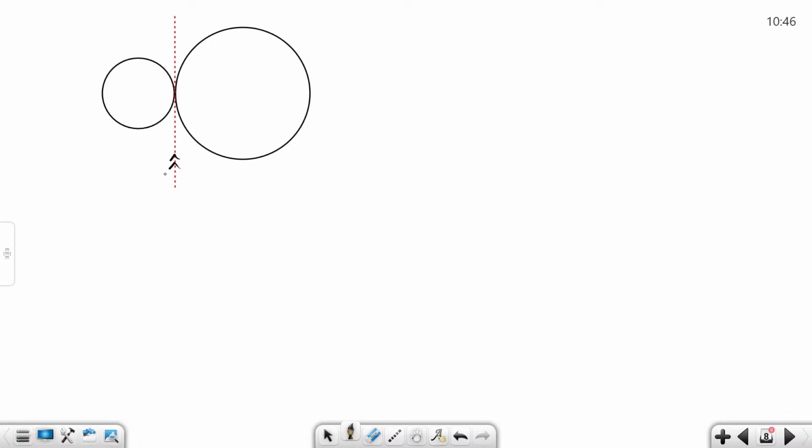So, let me just prove that this transverse common tangent is basically the radical axis. Now, how to prove this?